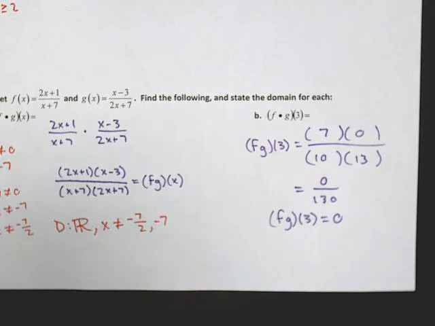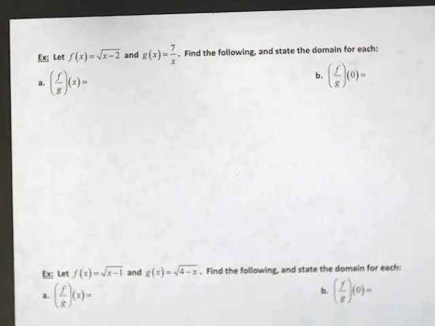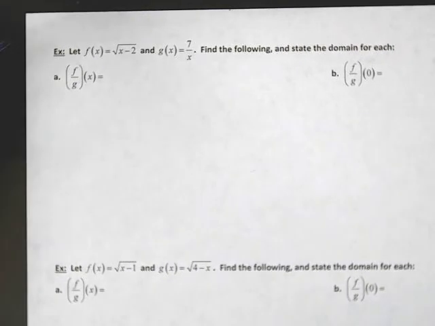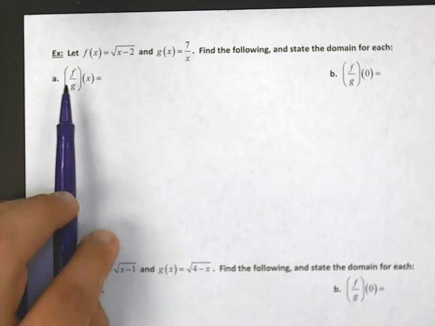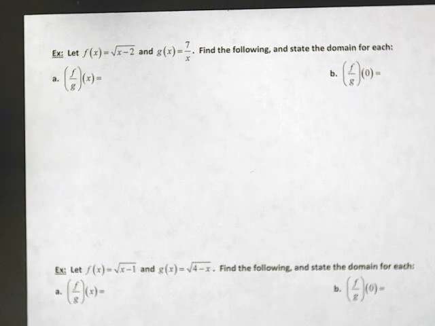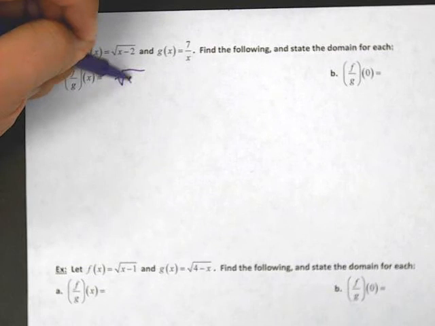Alright, almost done. Last couple of examples here have to do with division. So we have some division. Let's take a look at this. We are going to do f over g. Because we have some fractions, I would strongly encourage you to write it that old school way, or not make a complex fraction. f is fine, right? f we can just say is square root of x minus 2.